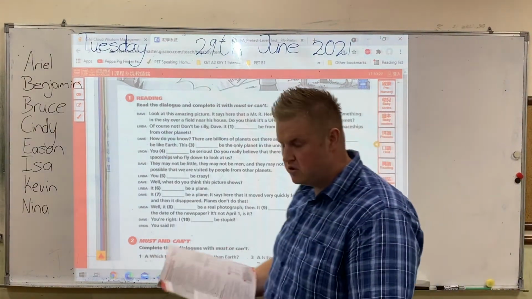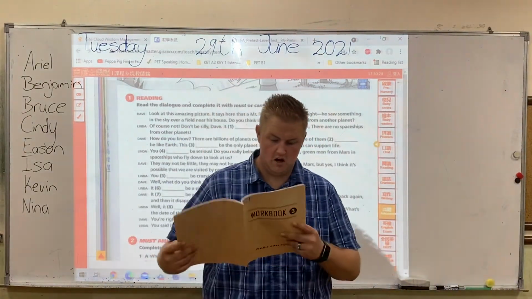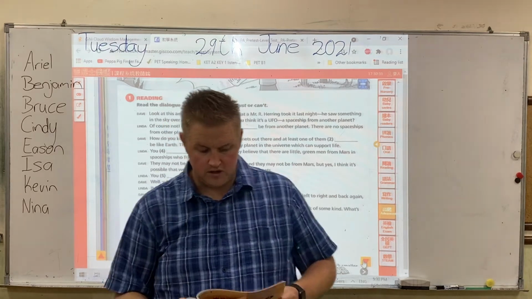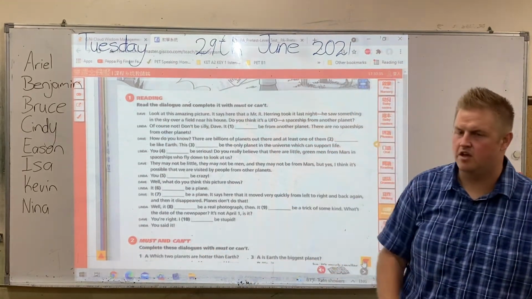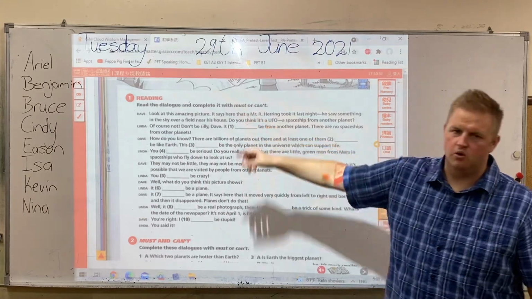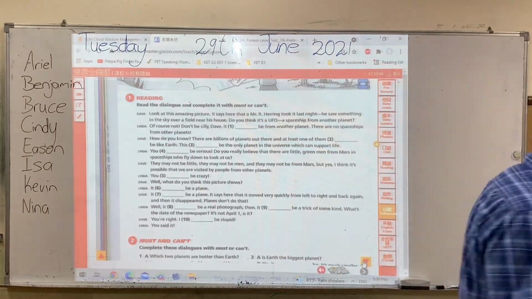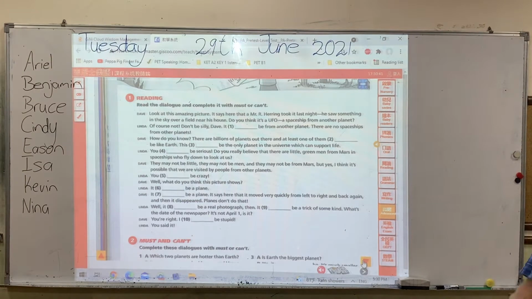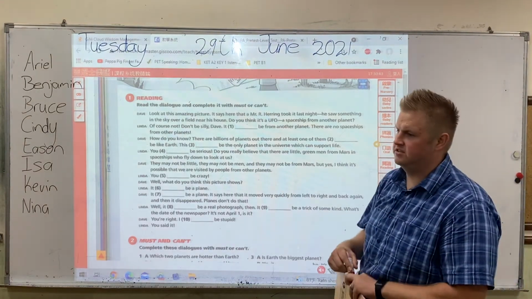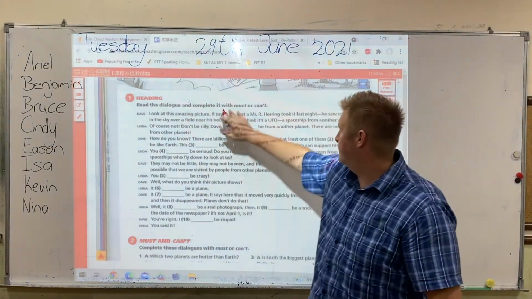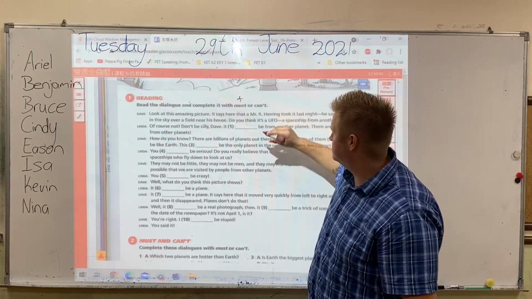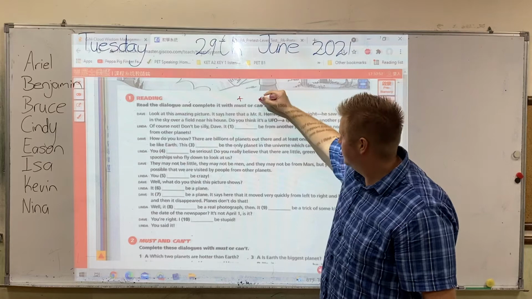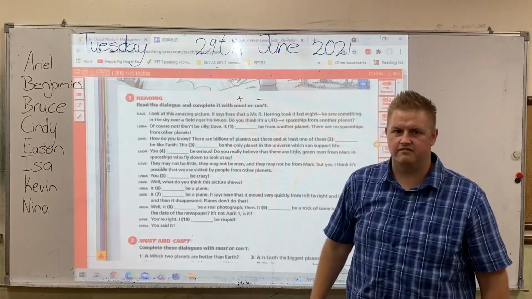Okay, so we will read through the dialogue and we have to use must or can't. Must or can't. The easiest distinction to make between must or can't is must is a positive and can't is a negative.